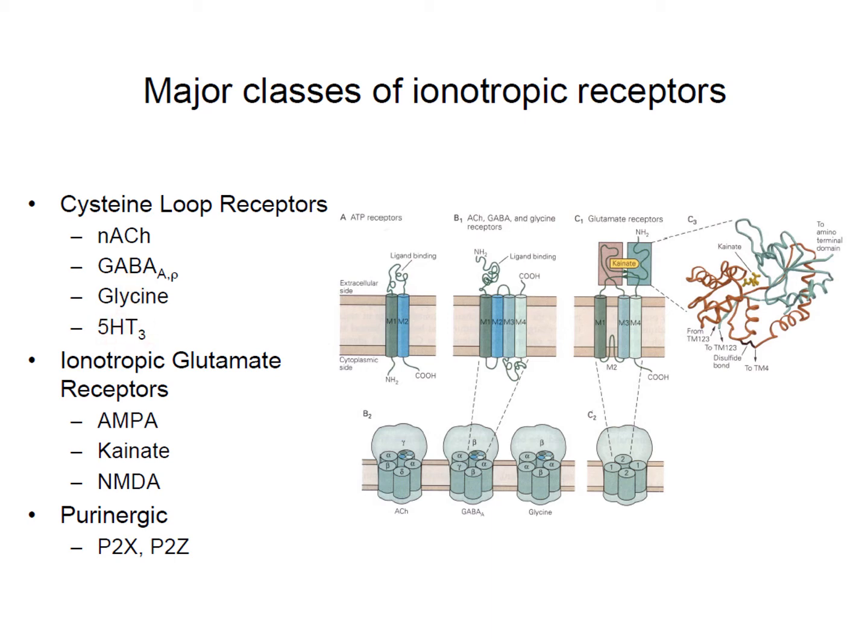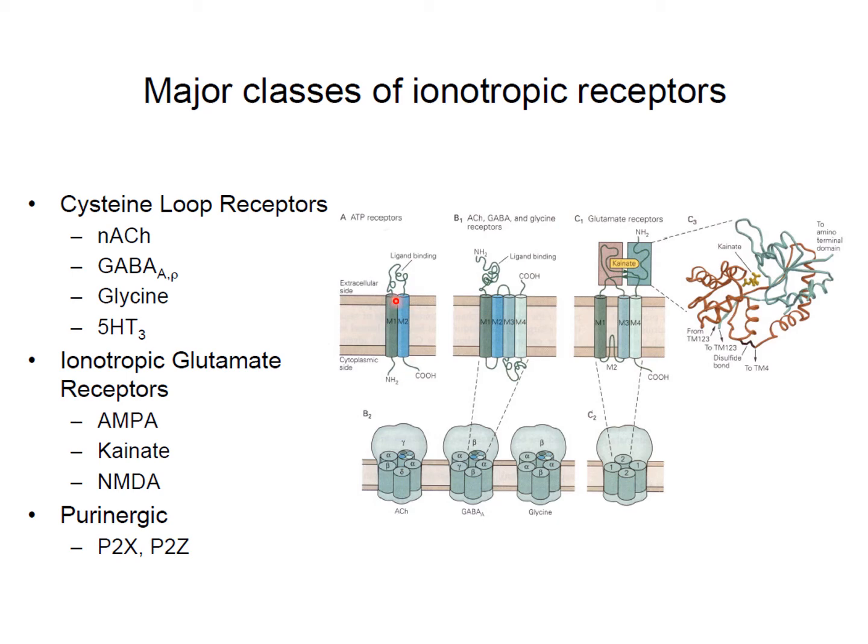The glutamate receptor family has AMPA, NMDA, and kainate receptors. And for the purinergic receptors, we have the P2X or P2Z receptors.